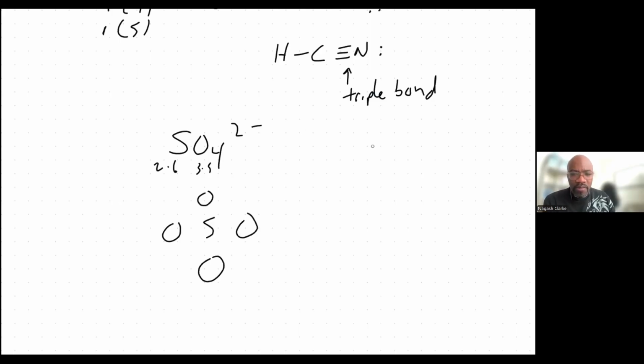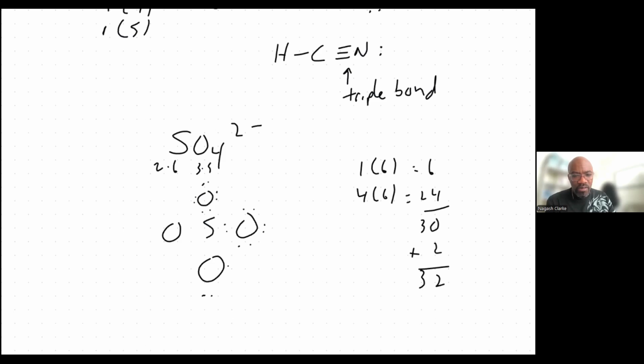Then we have 1 sulfur, that's 6, 4 oxygens is 24, so we have 30, and we have a charge of 2, so we add 2, so it's 32.